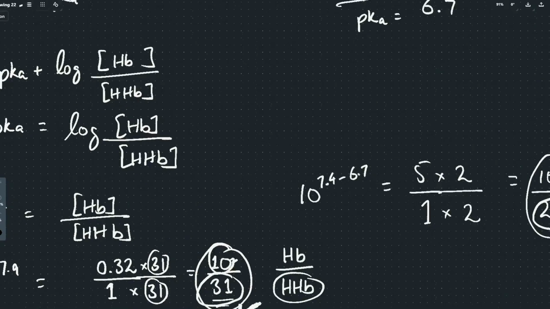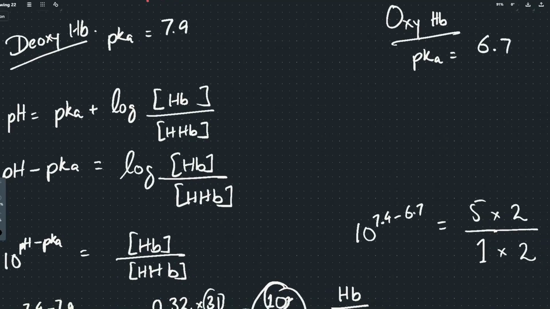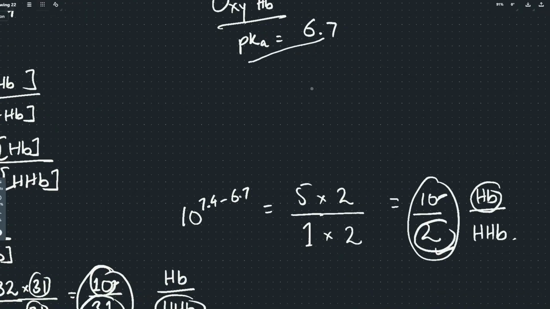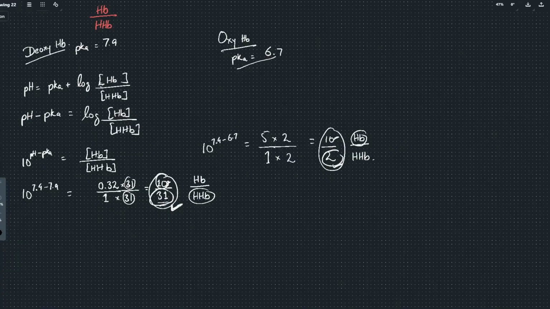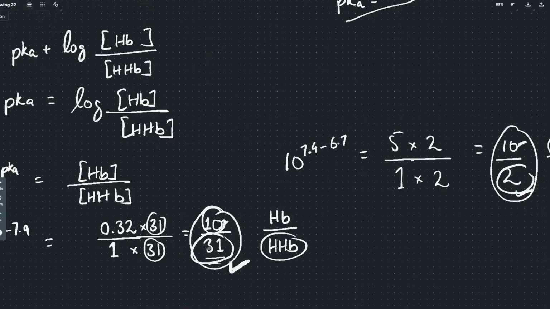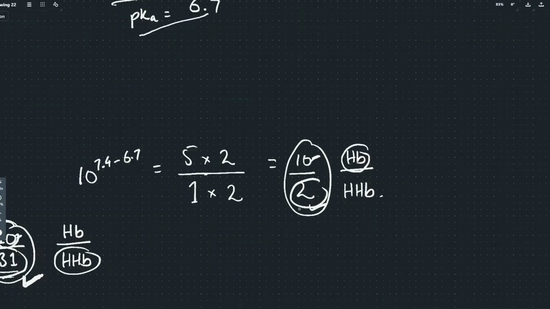So this is the deoxyhemoglobin. So deoxyhemoglobin becomes a better buffer, well suited buffer for this task. And oxyhemoglobin, by changing its pKa value, becomes well suited for its task, that it has to release HHB. What it will do is, when it reaches the peripheral tissues, it can pick up a lot of proton. When it reaches the lungs, it can release a lot of proton to form CO₂.